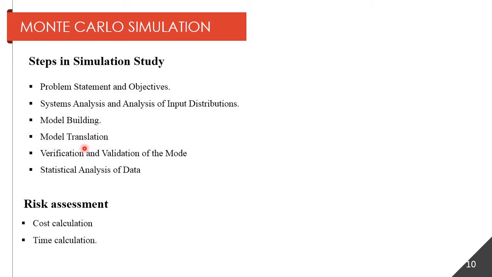Model translation. Here we will translate the model into a computer program. Verification and validation. In this step we will verify if the model represents the real world and validate the outputs of the model.